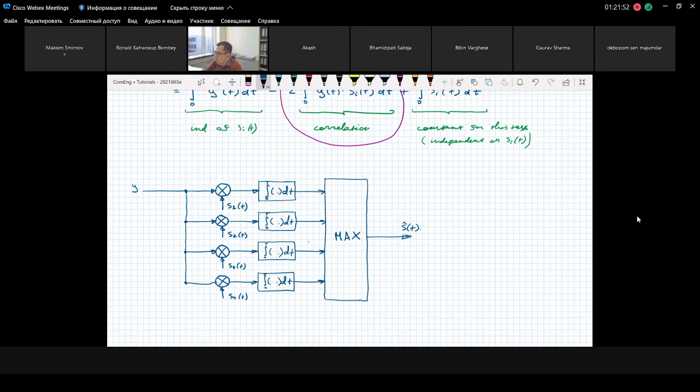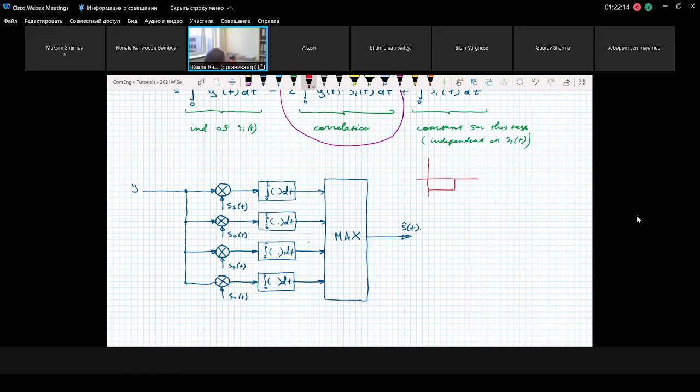No, I would say, even if the original signal was negative, let's say it was like this. I think it was S1, minus, yeah, like this.